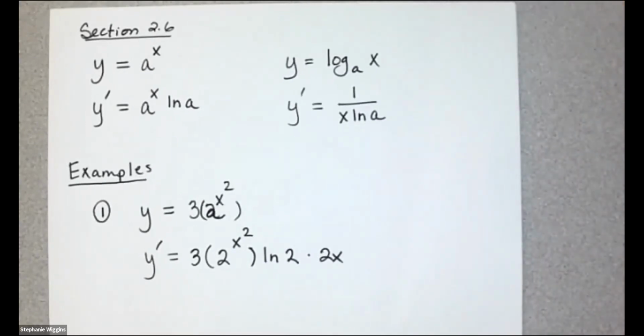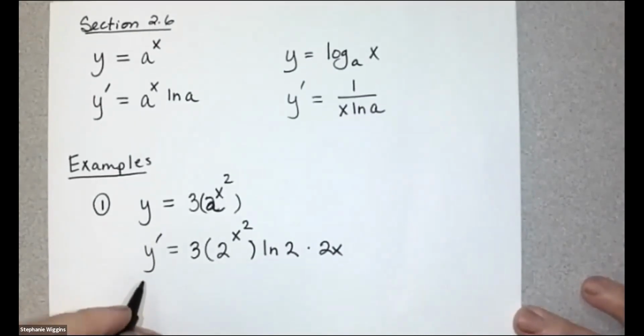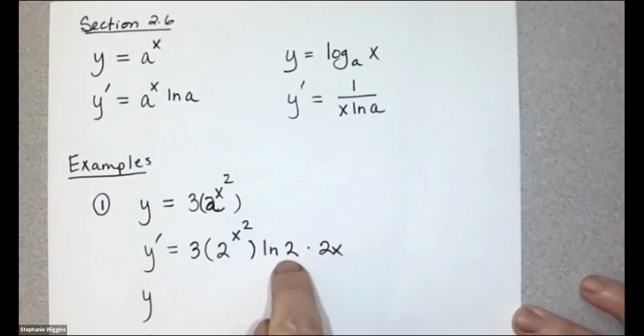So it's one extra step, but really it's the same rules that you're applying. Just one extra step, you got to multiply by that constant there.